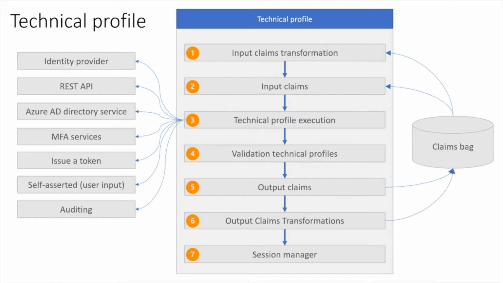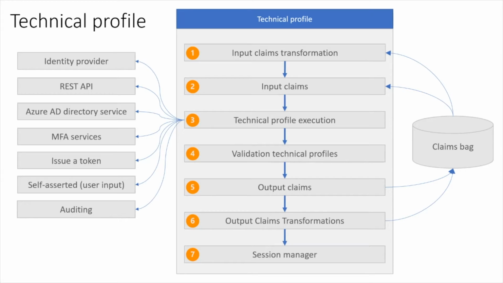For a technical profile that presents user interfaces, what's known as a self-asserted technical profile, you can call another step, which would be an input validation technical profile. The validation technical profile validates the data that's provided by the user, and it might return an error message depending on the user input. It may also optionally return one or more output claims back to the original technical profile.